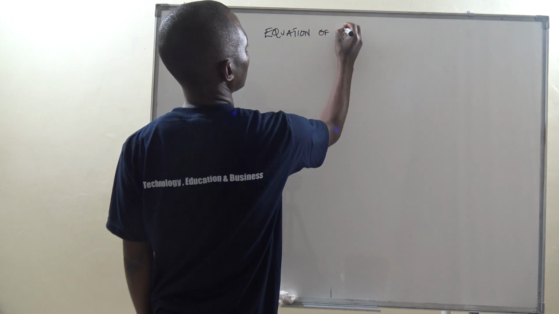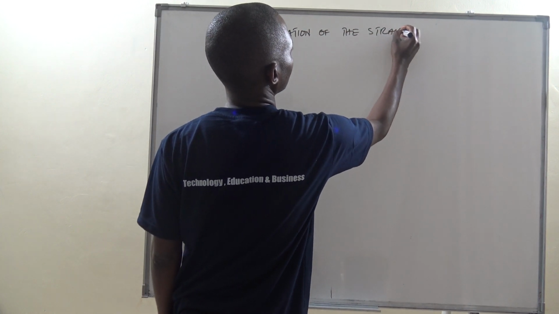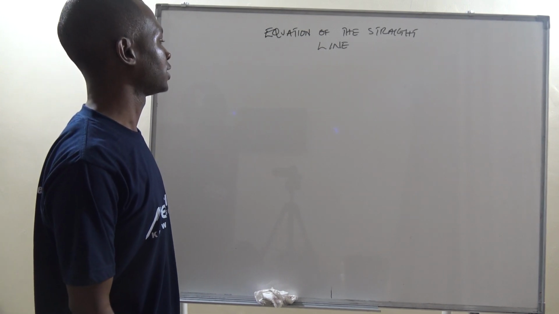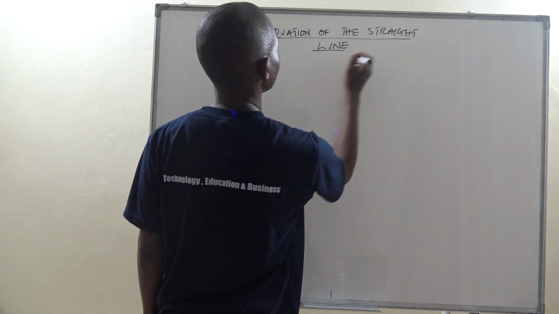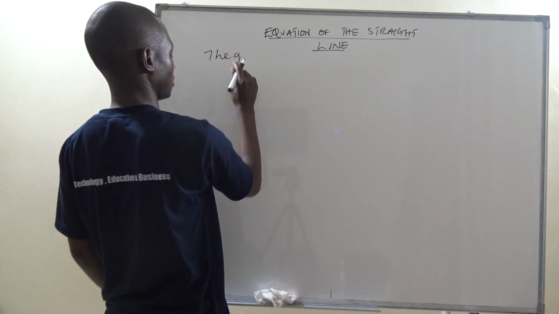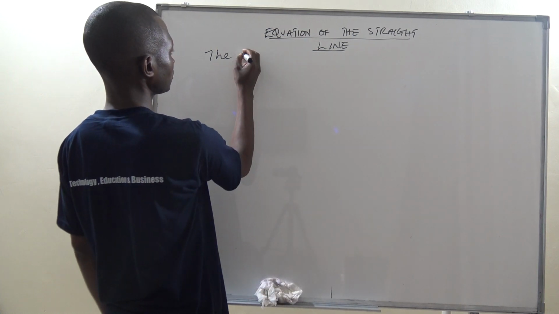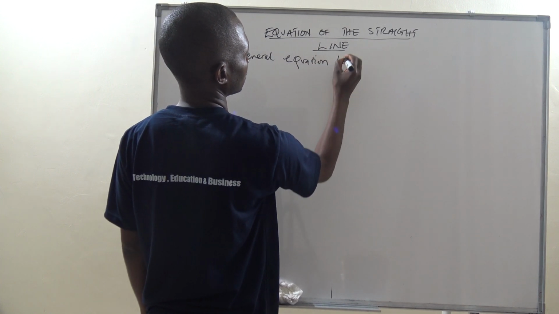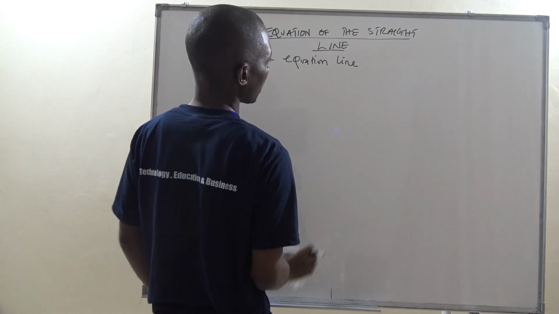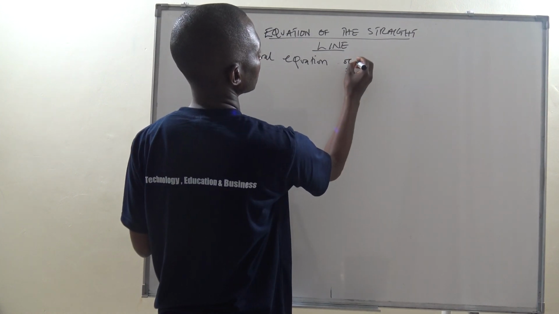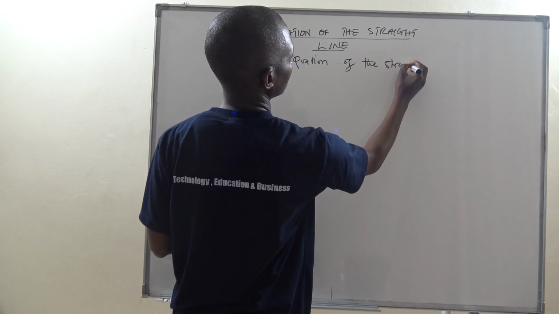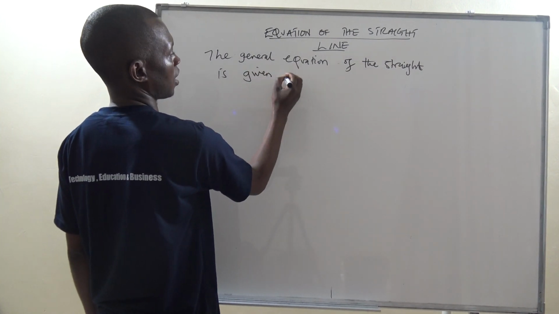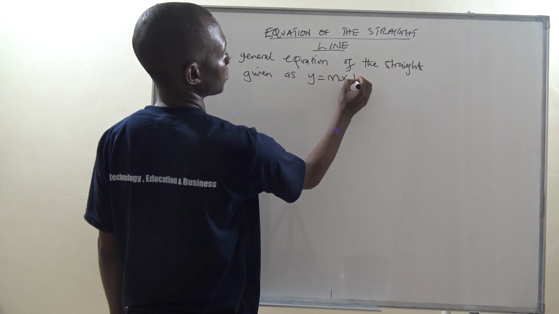The general equation of the straight line is given as y equal to mx plus c.